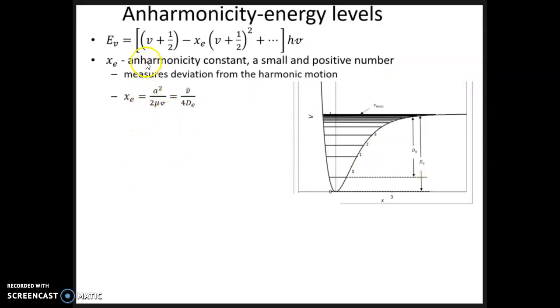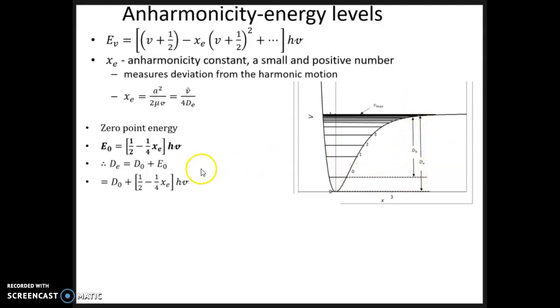Now, the zero point energy in this case: if we put 0 here, we have a half, and 0 here, that's plus half squared, so that's one quarter xe h. Our dissociation energy is the minimum energy required to break the bond, and the depth of the well is now De, because this is the zero point energy right here, the minimum energy that the molecule can have.